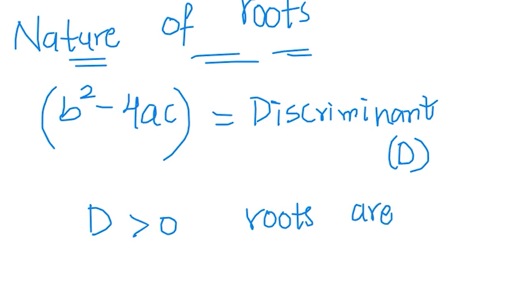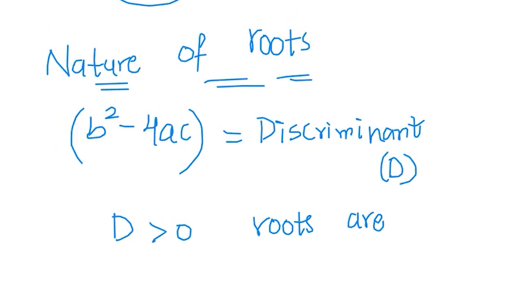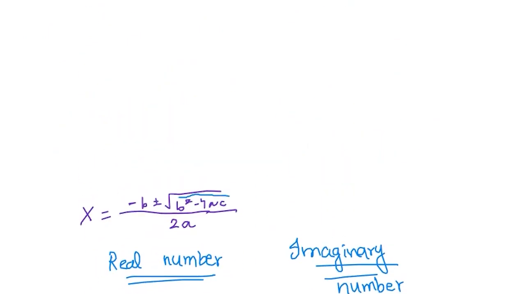So if the discriminant value D is positive, are the roots imaginary? No. If this inside quantity is positive, it will be a real number. And if it is negative, imaginary.